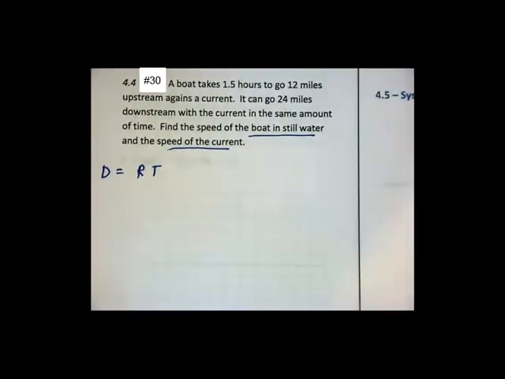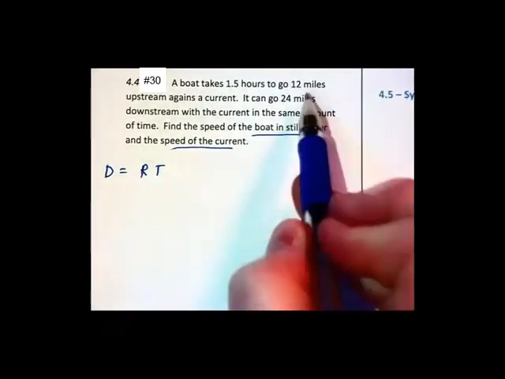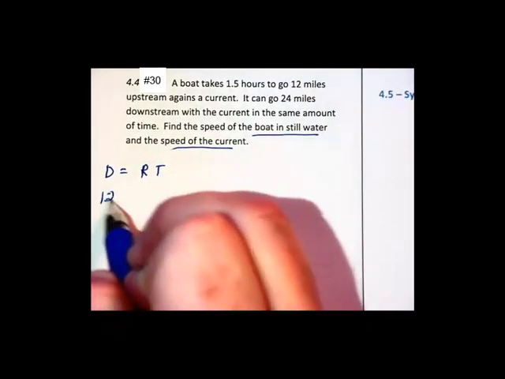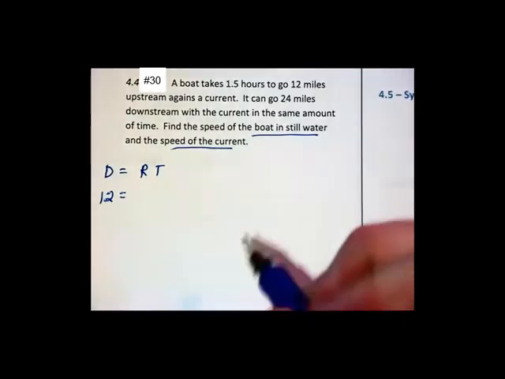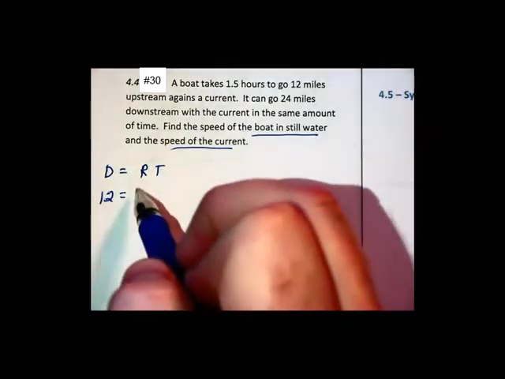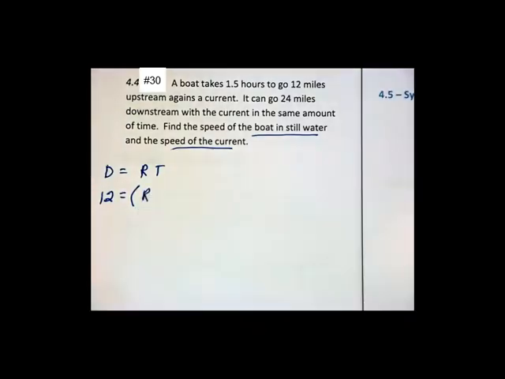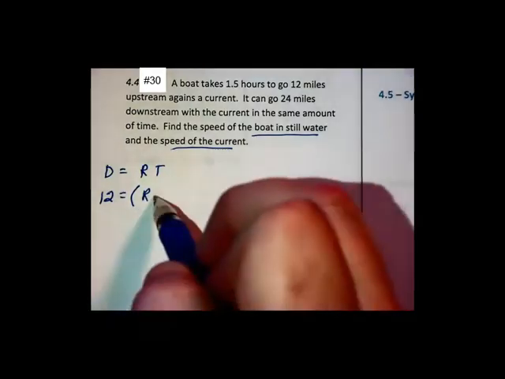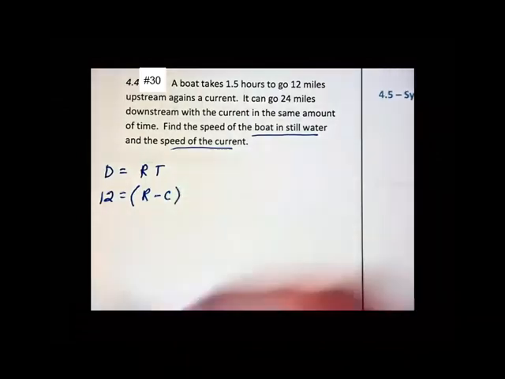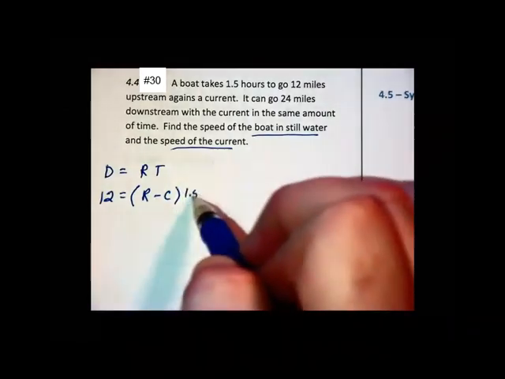It told us to start that we can go 12 miles, that'll be a distance, in 1.5 hours. Well, when you're going upstream, you're pushing against the current, so you have your speed R minus the current that's working against you for 1.5 hours.